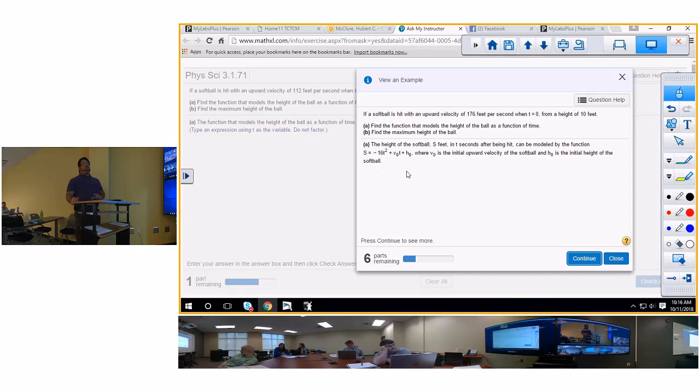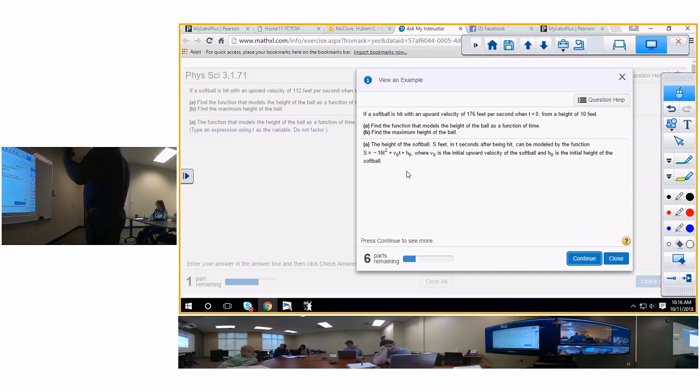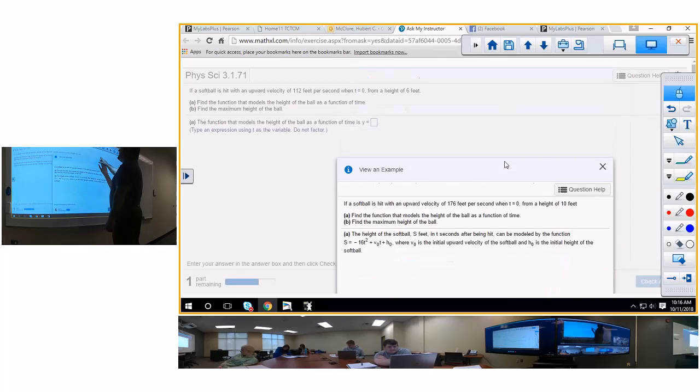Negative 16t squared plus the initial velocity times time plus the height at which it was first thrown. So your velocity is 112 feet per second at 6 feet.